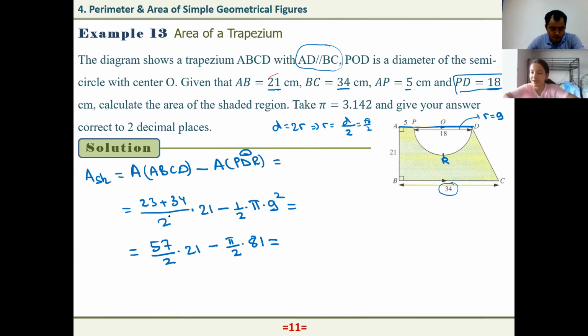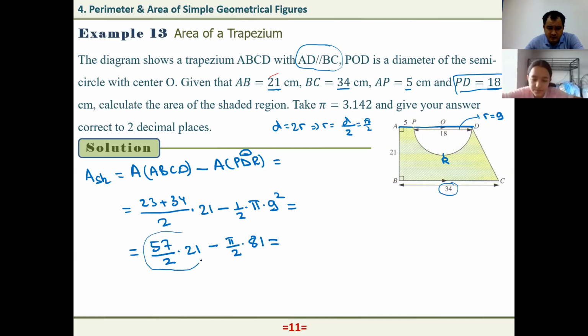I don't think that's right. What? How much did you get? 127.251. Why? Hold on, let me evaluate this one.